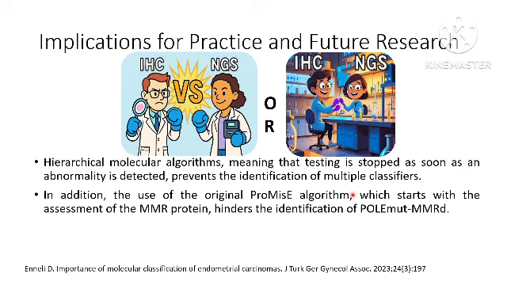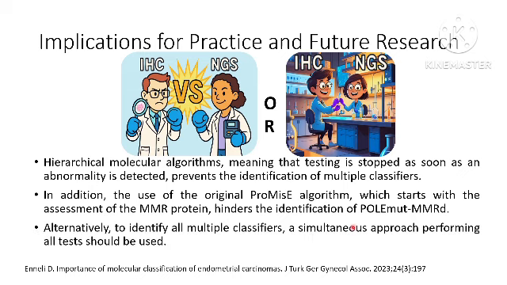In addition, the original PROMISE algorithm, which I showed you after TCGA classification, starts with the assessment of MMR protein expression, and hinders the identification of polymutant and MMRD subtype. The dual classifiers you may miss here. You will just stop at MMR protein and you tend to call the tumor as MMRD, MMR deficient tumor, if you don't go ahead with polymutation sequencing.